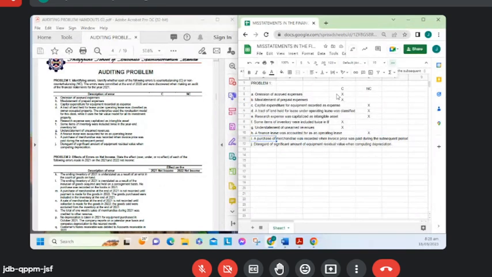Letter I, a purchase of merchandise was recorded when invoice price was paid during the subsequent period. What happened here?